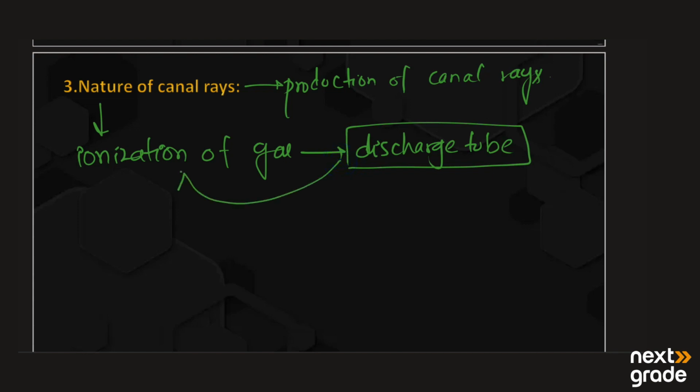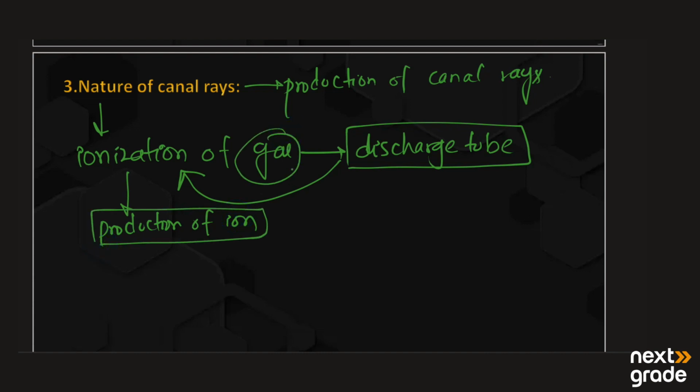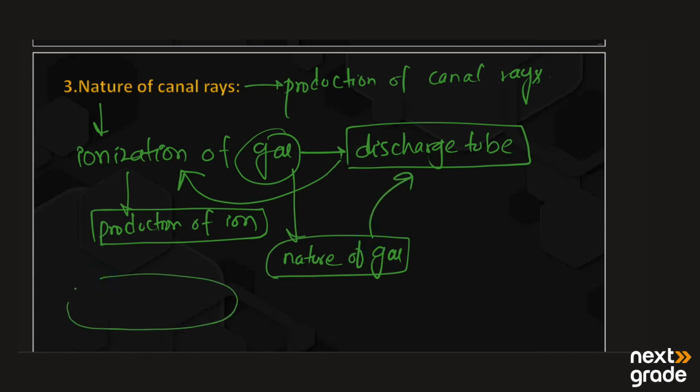Ionization means the production of ions. So when they are produced from the gas, it depends upon the nature of the gas that is filled in the discharge tube.